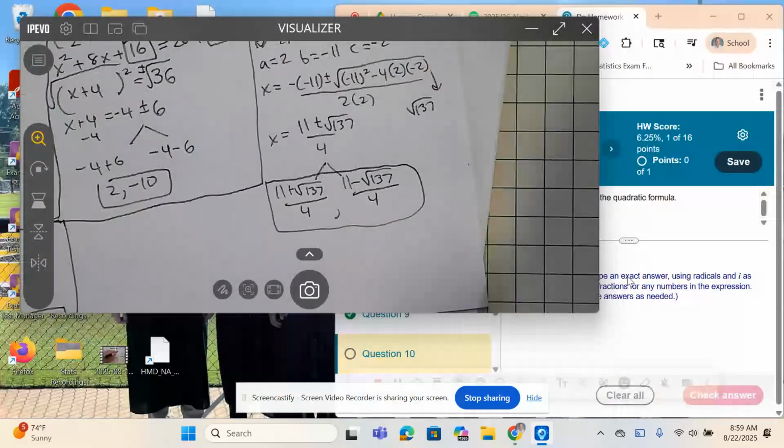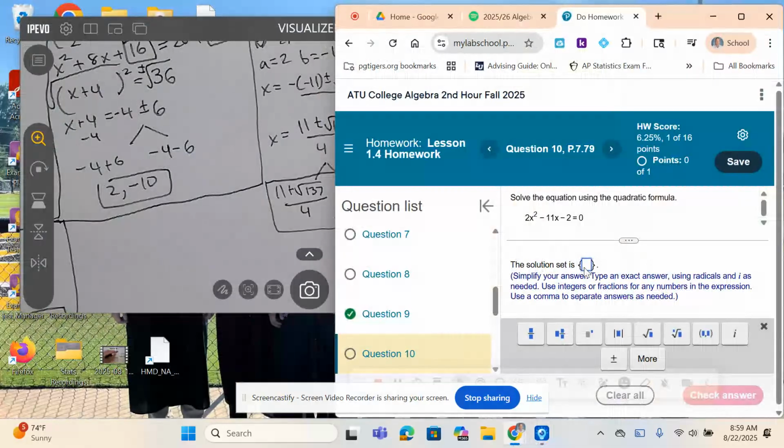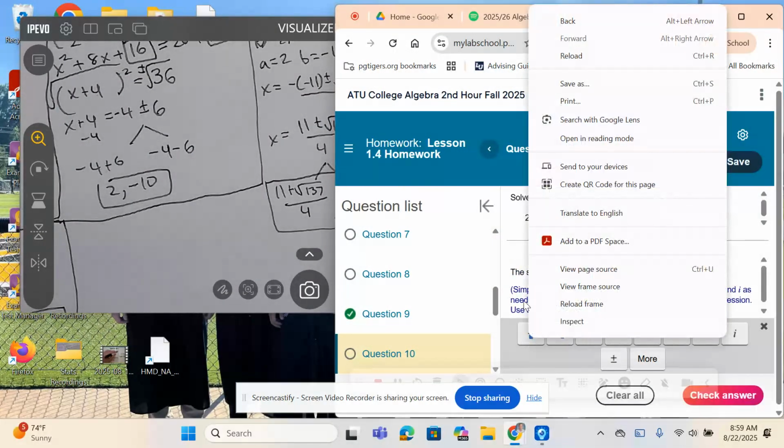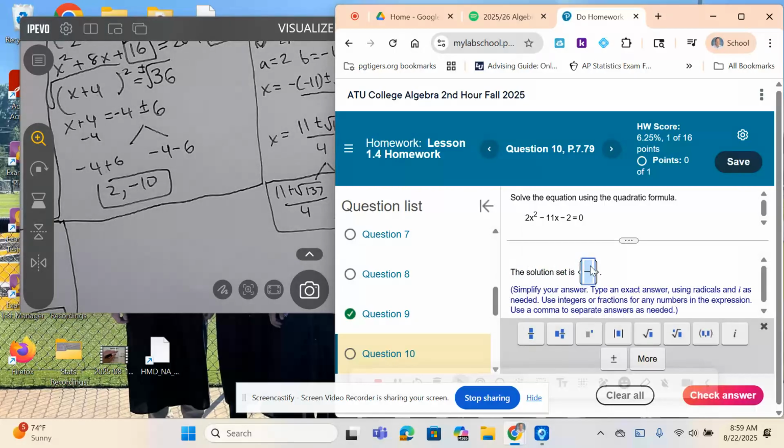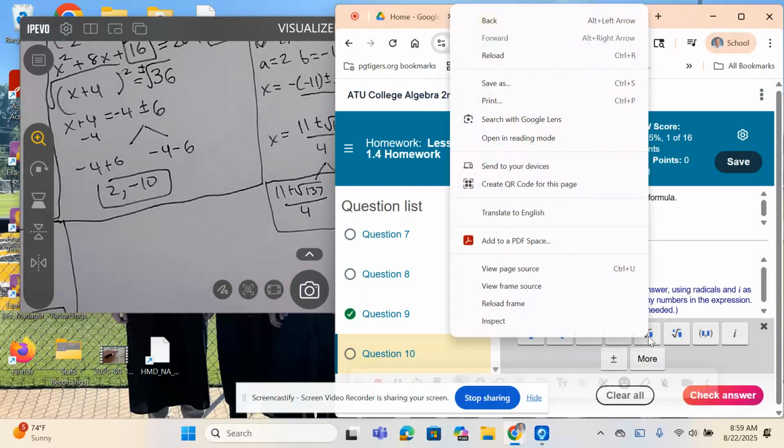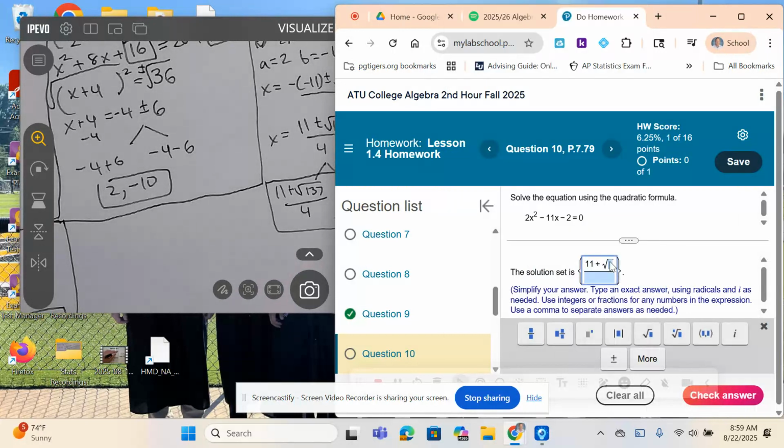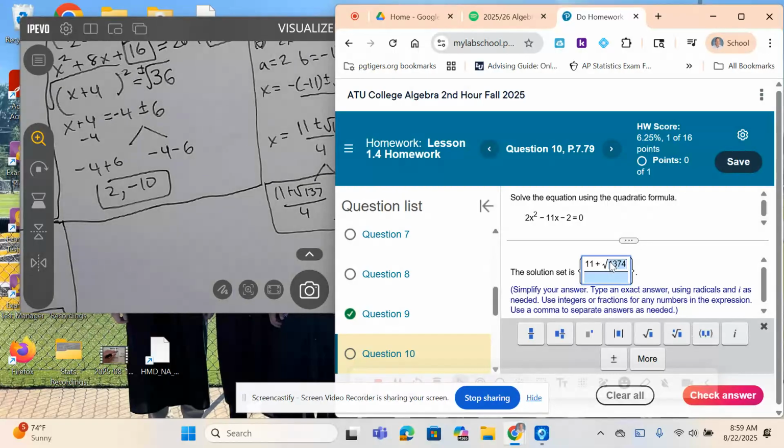I'll put this in here real quick, and I'll stop and help people. It's going to take me a year to do this one, though. 11 plus the square root of 137 divided by 4. Oh, divided by 4.